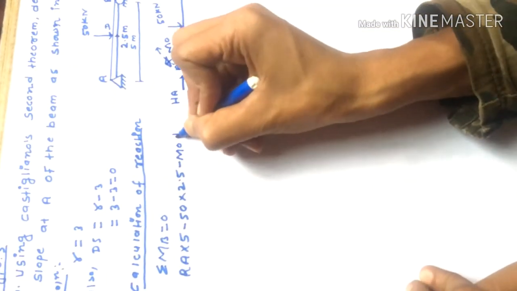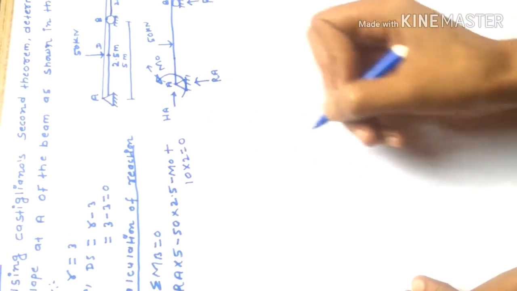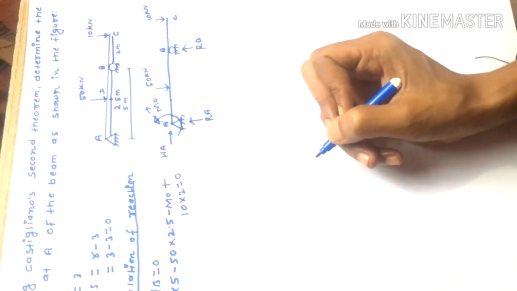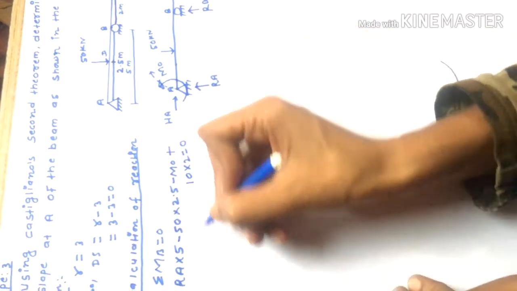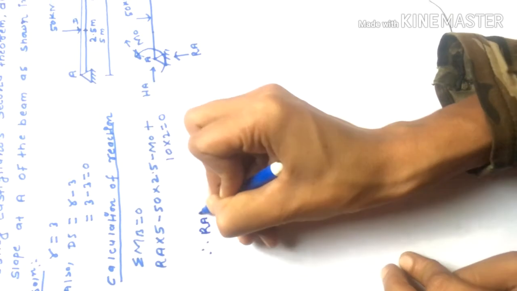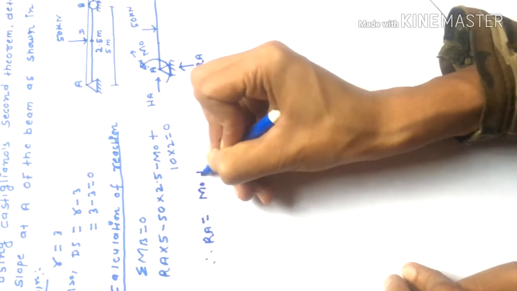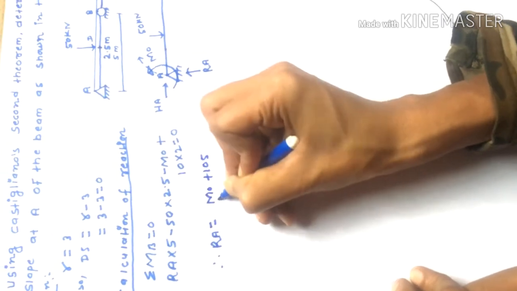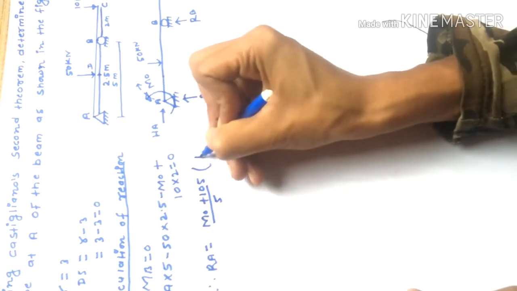So plus 10 into 2 is equal to 0. On calculating, we get RA is equal to (m0 plus 105) divided by 5, and direction is upward.